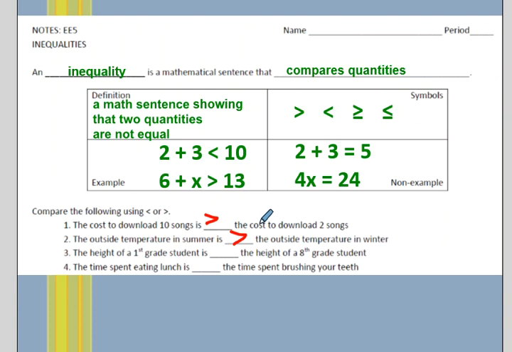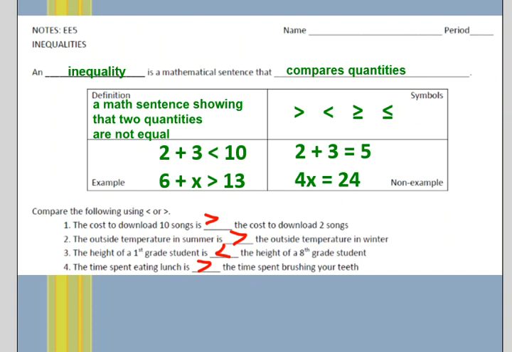We're just using symbols to show which one's greater, which one's less. The height of a first grade student is less than the height of an 8th grade student. We're going to assume normal development that that's true. And the fourth one, the time spent eating lunch is hopefully greater than the time spent brushing your teeth. Hopefully you have more time to eat lunch than it takes to brush your teeth.